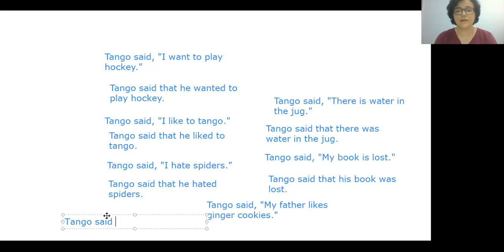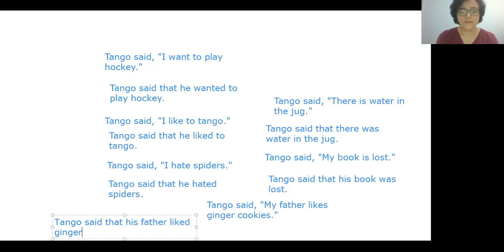Yes, I'll put it this side. Tango said, no comma, no open inverted commas. Tango said that my father, whose father? Not my father, his father. So Tango said that his father likes. Is is the verb, so it has to change to the past tense. So likes becomes liked ginger cookies. Tango said that his father liked ginger cookies.